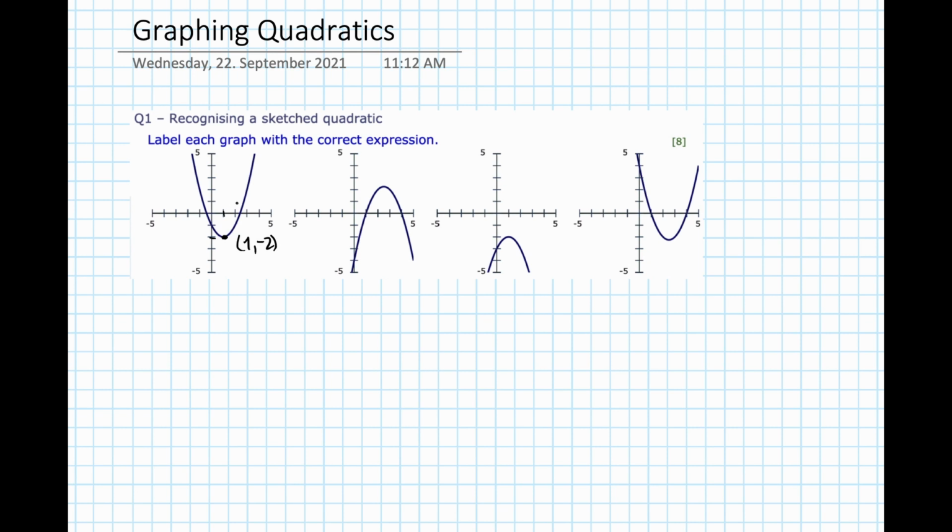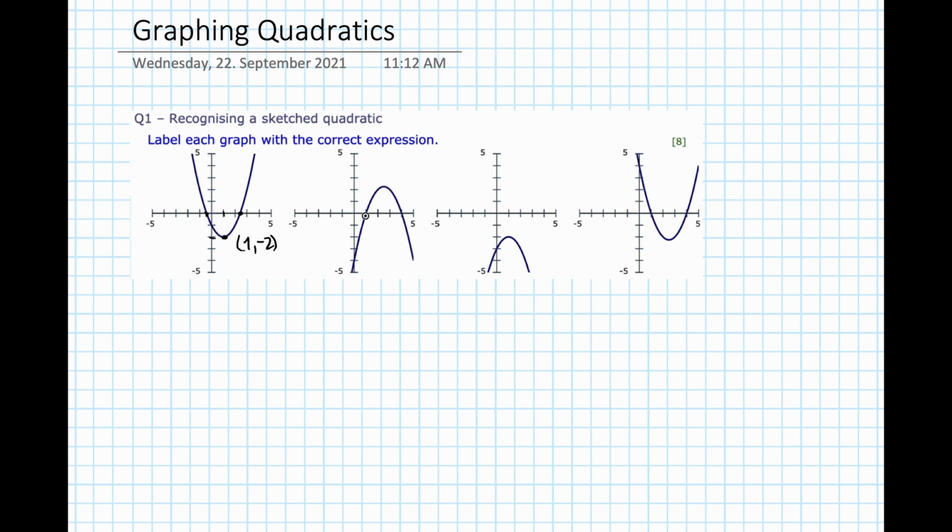Or you can determine them based on your intersection points with the x-axis, so the x-intercept. But here in this case, you can see that the x-intercept is not very clearly defined. It can be somewhere in between, but you don't know if it's exactly in the middle or somewhere on the side. So we'll use the minimum point in the first example.